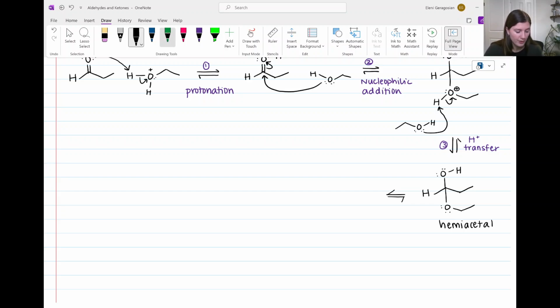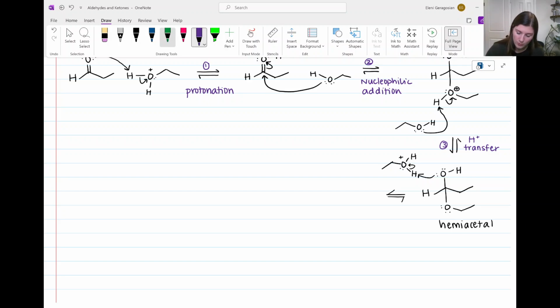So we have another proton transfer reaction here from protonated solvent. The oxygen from the OH group will get protonated from the protonated solvent.